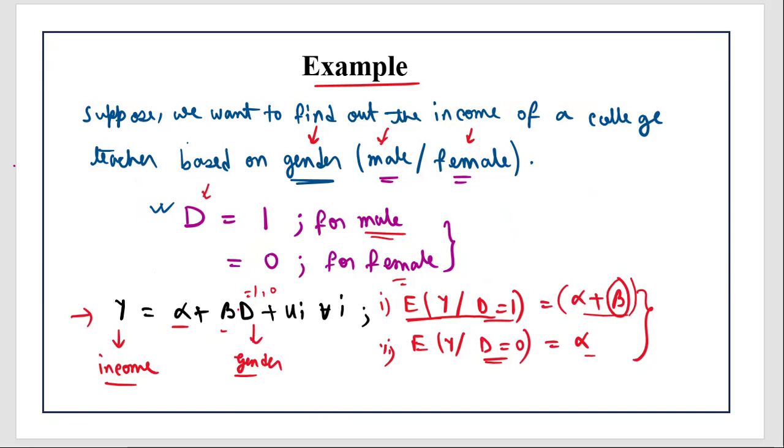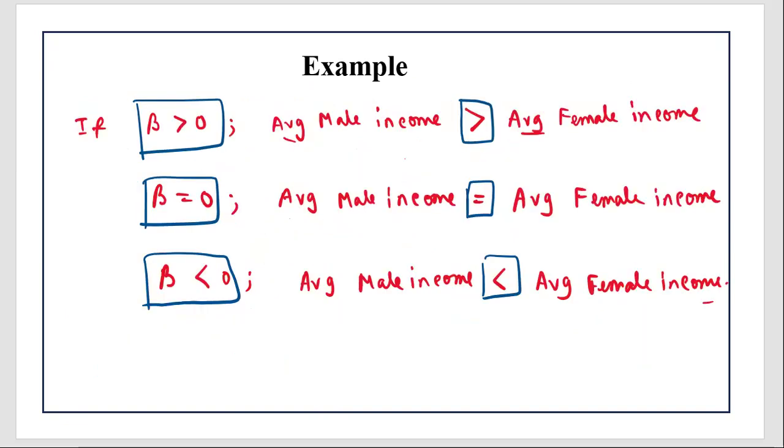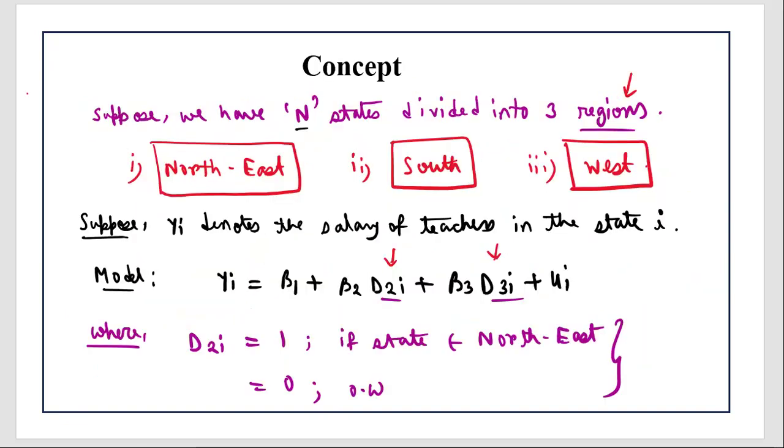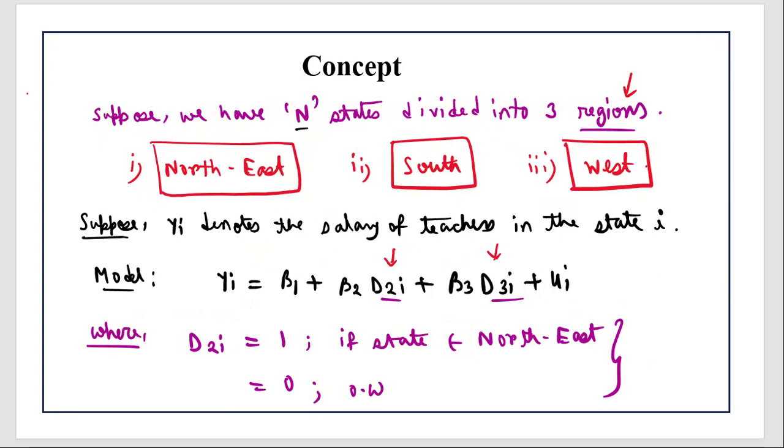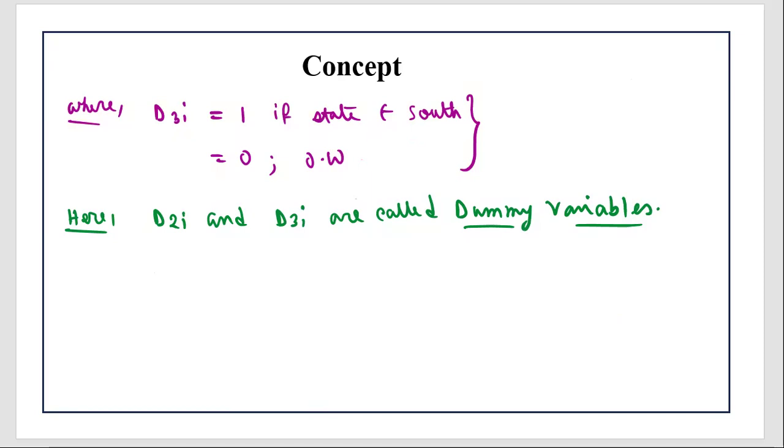If you introduce the same number of dummy variables as the total number of categories in your model, then you will face something called the dummy variable trap, that we will talk about in detail in the next video. So as of now, just observe that yes, there are three categories, 1, 2, 3, in our model, but we have only introduced two dummy variables, namely d2i and d3i.